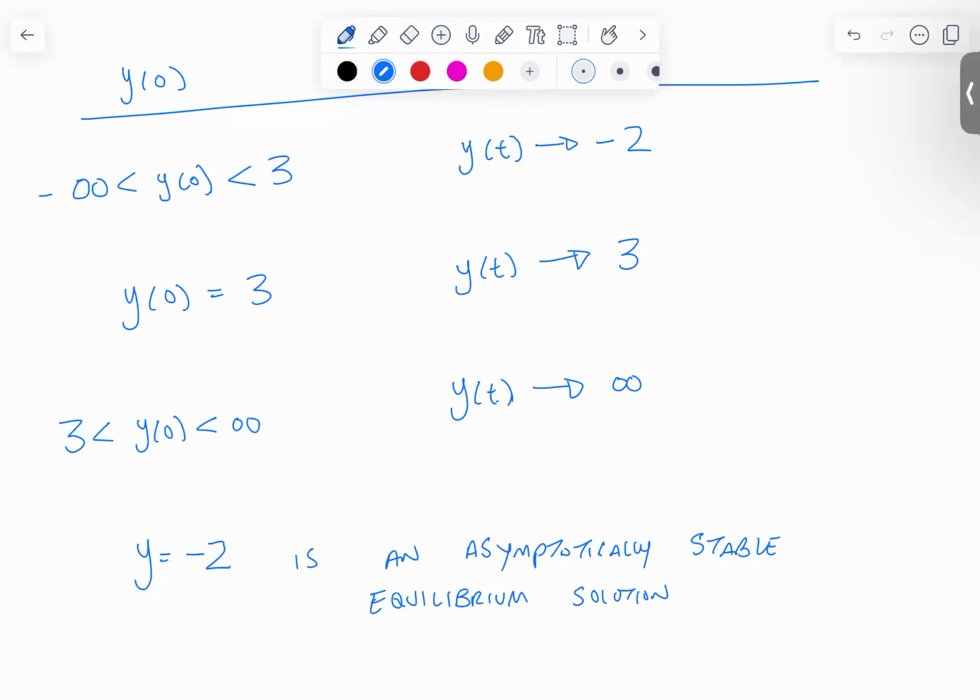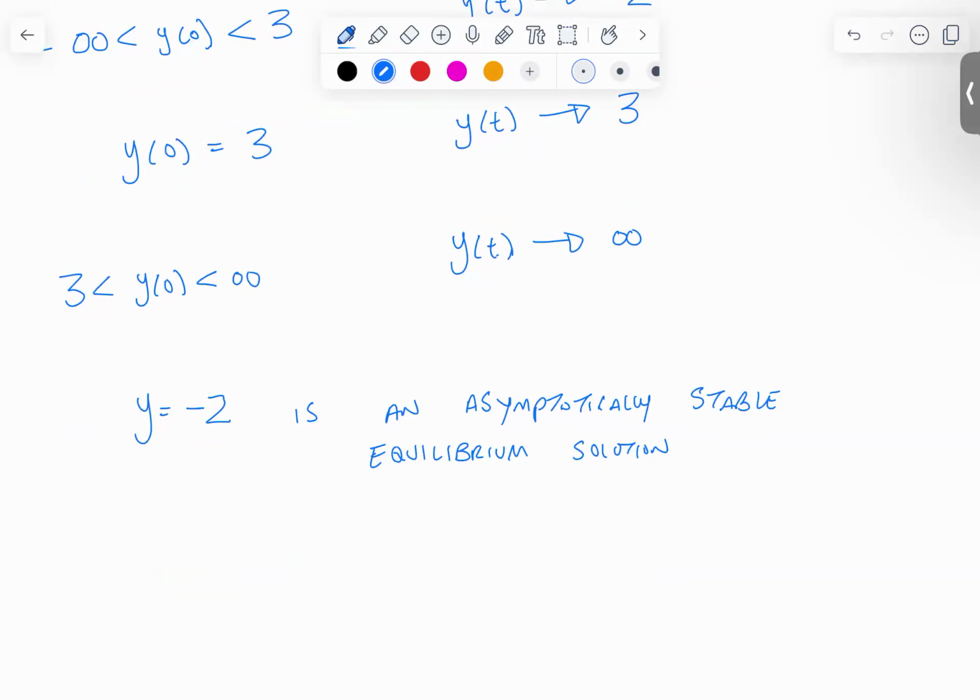Do you have to add the word equilibrium solution for it to be considered correct? When you're defining these, is it sufficient to say asymptotically stable? Because obviously we're talking about equilibrium solutions. I probably won't knock you, but you should get in the habit of it.